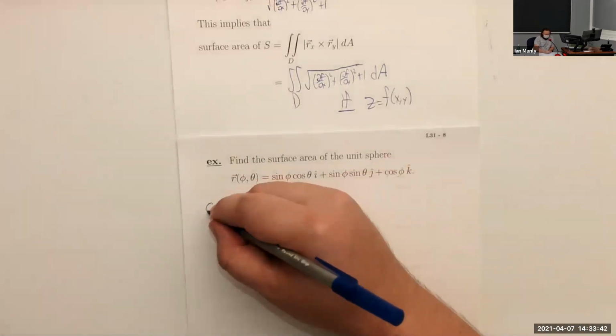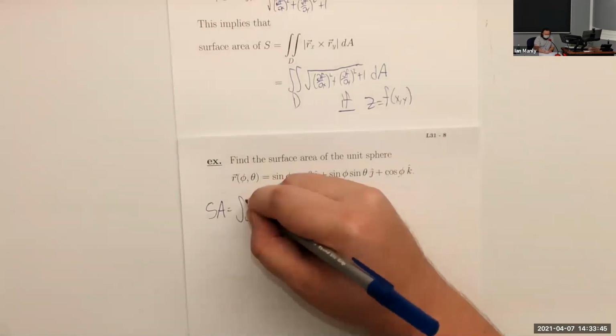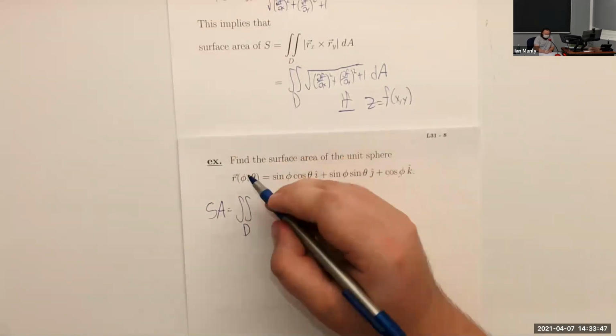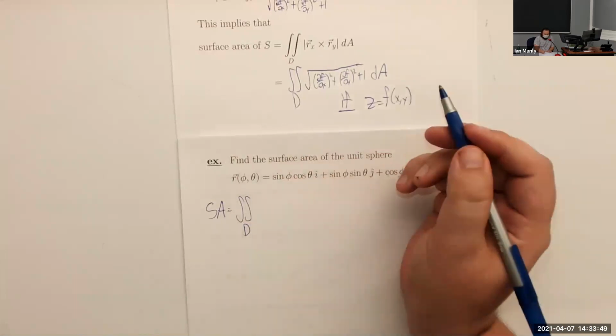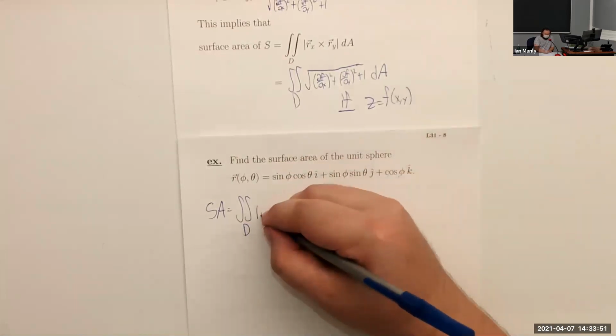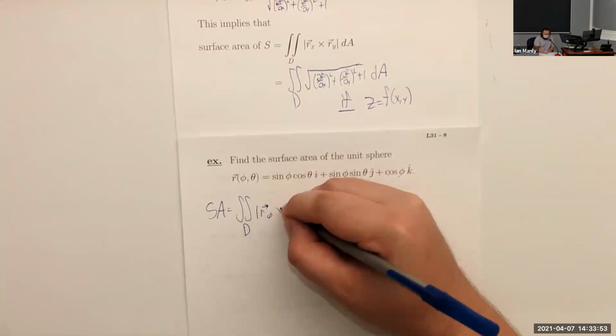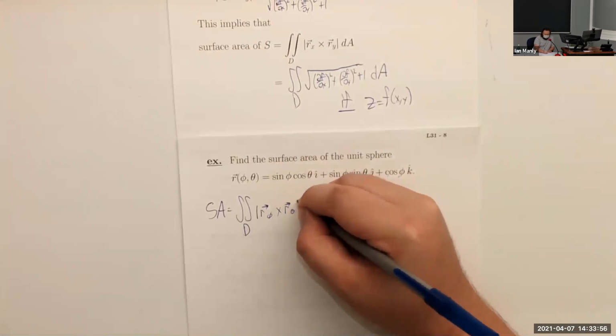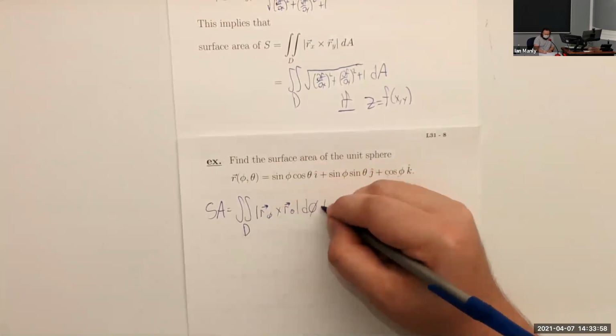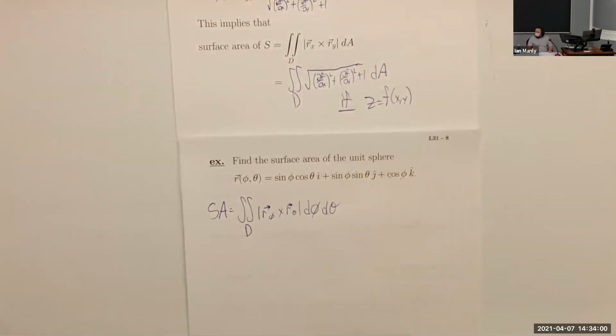Okay, well, the surface area is going to be the double integral over D, where D is the domain of phi and theta. And then we're going to have the magnitude of r phi cross r theta. And then maybe we'll have d phi, d theta, or something like that.